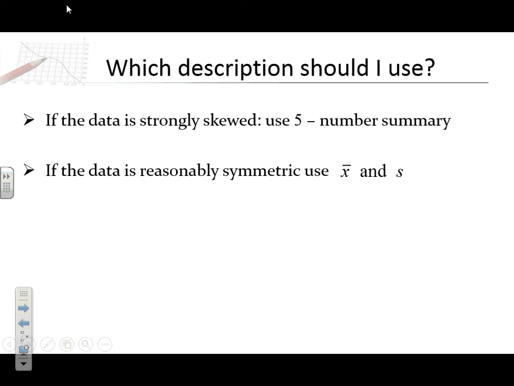So if you're wavering between saying skewed or symmetric, if it's kind of a close call, you want to stick with mean and standard deviation. These are stronger measures because they account for every single value in the set. So we only use median and IQR, the 5-number summary, if it's strongly skewed. Anything else, we want to try to use the strongest possible value, and that's mean and standard deviation. Okay?